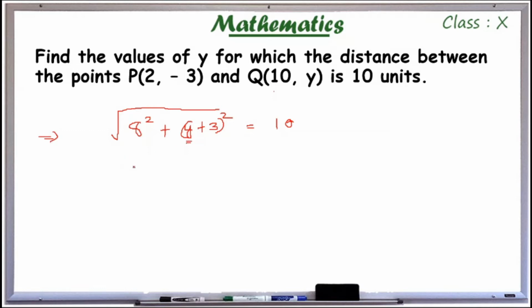First step is squaring. We have to remove this root symbol, so we square both sides. Squaring both sides, we get 8 square plus (y plus 3) all square is equal to 100.